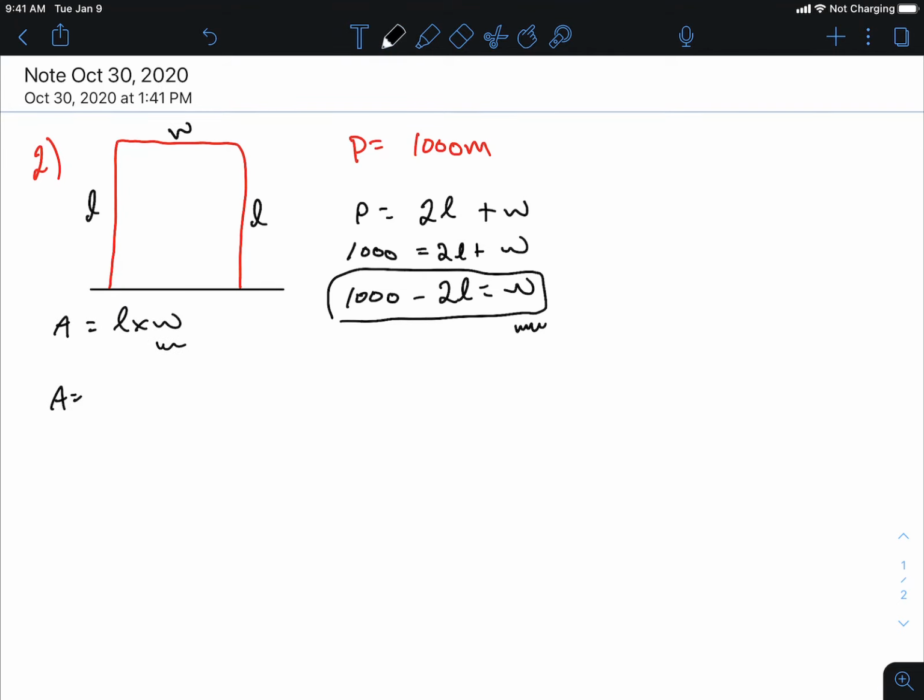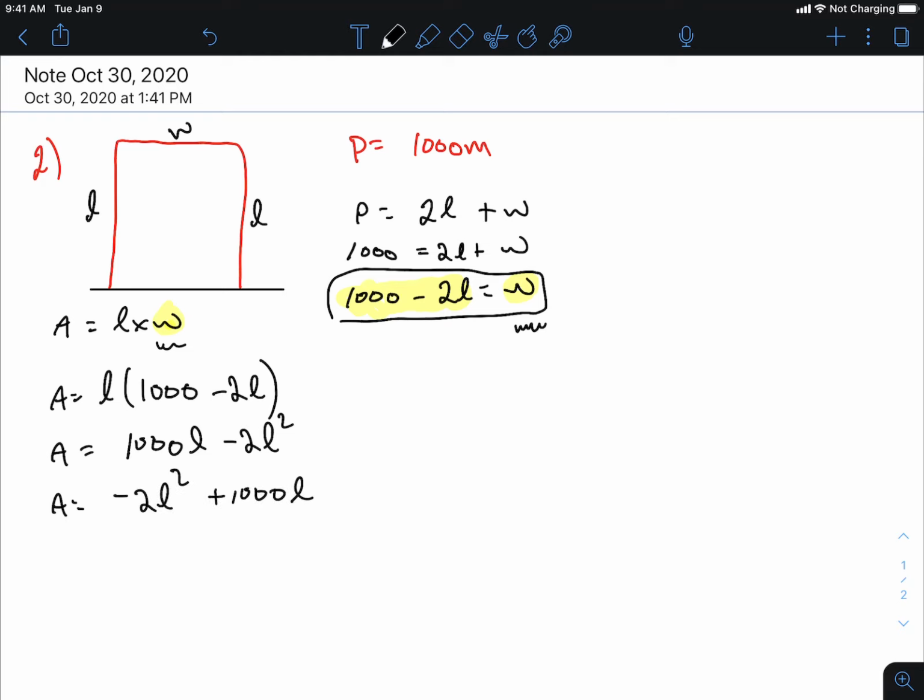So area equals length, and I'm going to make the substitution for W: 1,000 minus 2L. And then I'm going to distribute. It's 1,000L minus 2L squared.